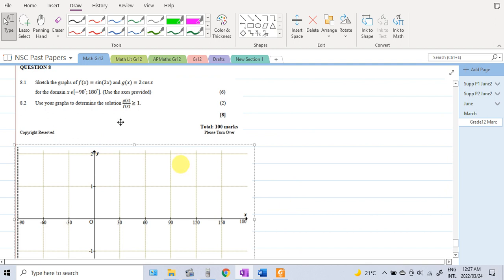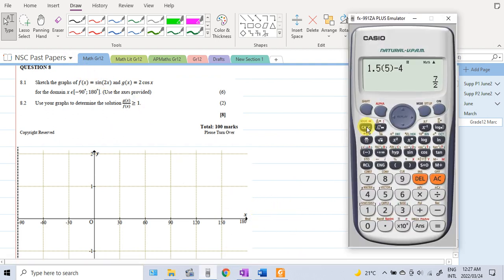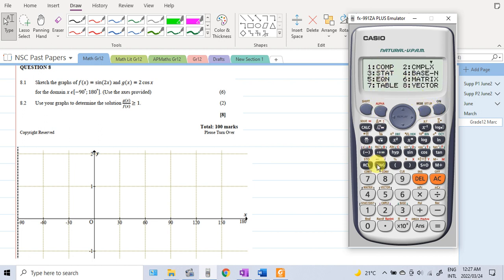calculator, put it into mode function, go to table, which is 7. f of x is sine 2x, press equal, g of x is 2 cos x. I want to start at minus 90 degrees.